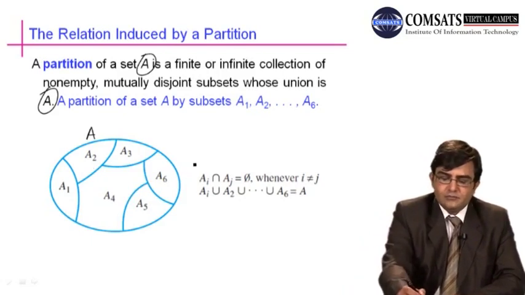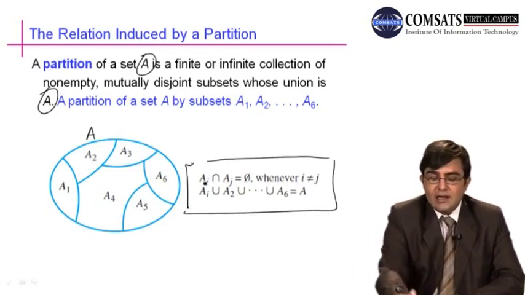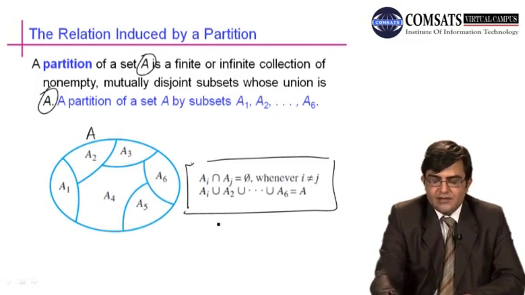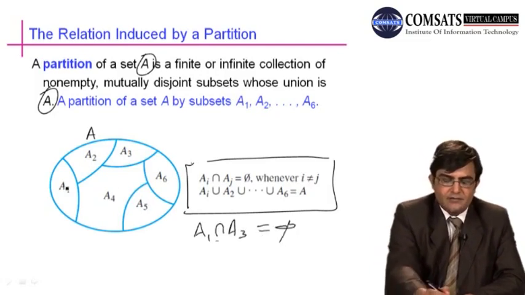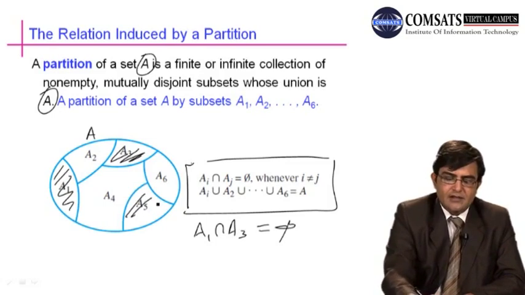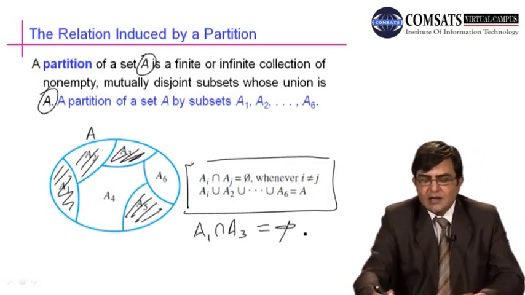We can express it as Ai intersection Aj is equal to phi whenever i is not equal to j. Means any two different sets. If we take the intersection of A1 and A3, this is phi. If we take the intersection of A5 with A2, this is also phi.